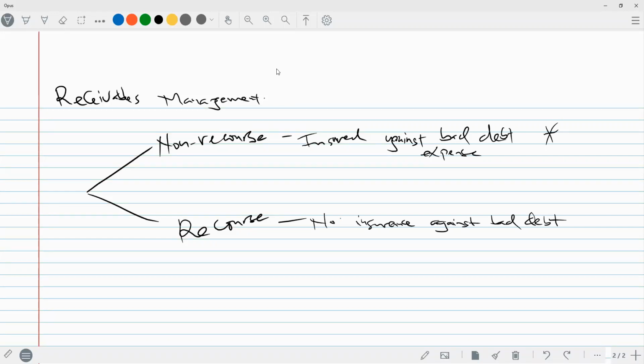Maybe currently the company is being financed by the bank. The factor says that going forward, I'll be financing your working capital requirements. So you have to compare: what is my current rate? If a bank finances my working capital requirement, how much interest do they charge me?